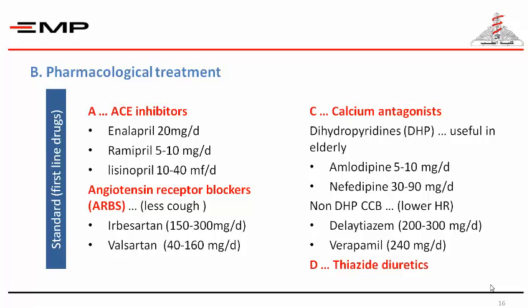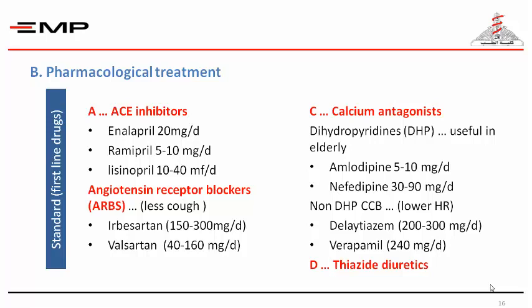The angiotensin receptor blockers are proven to cause less cough side effects compared to the ACE inhibitors, for example irbesartan and valsartan.